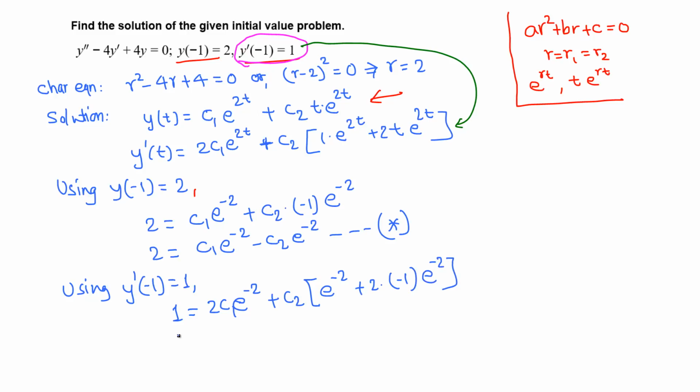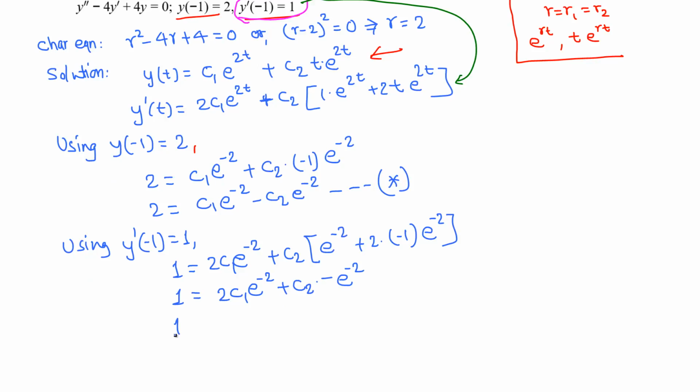Let's simplify this: 1 equals 2c1 e raised to -2 plus c2 times (e raised to -2 minus 2 copies of e raised to -2). These are like terms, so that's -1, negative e raised to -2. So let me rewrite this one more time: 1 equals 2c1 e raised to negative 2 minus c2 e raised to negative 2.